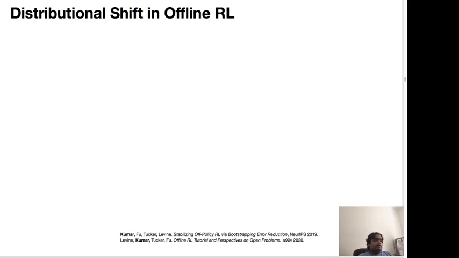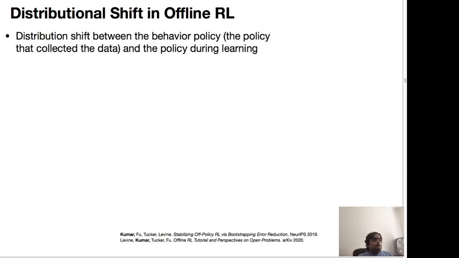This problem can be abstracted into a term called distributional shift. The distribution that is shifting here is the fact that the behavior policy, which is the policy that collected the data, has a different distribution than the learned policy that you see during training. Imagine you were doing Q learning. Your learned policy is the policy that greedily maximizes the Q function, which is precisely the policy used to query the target Q function.